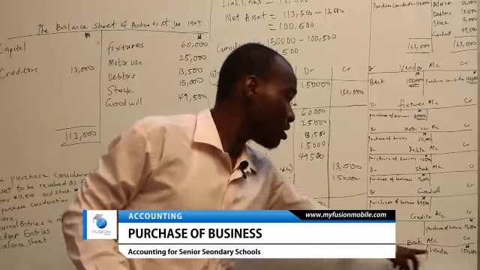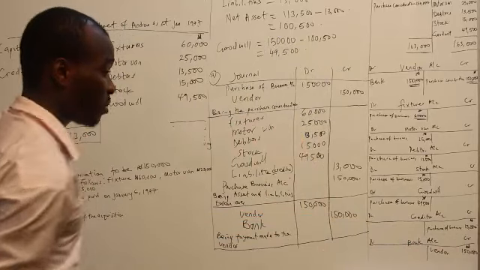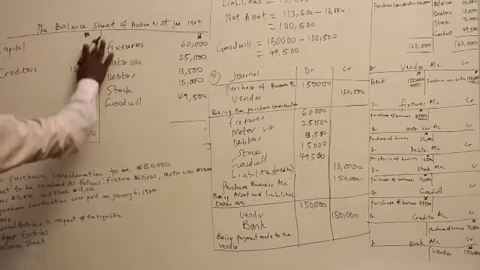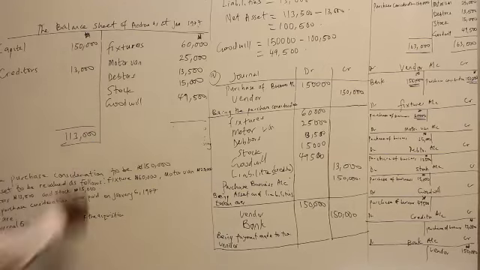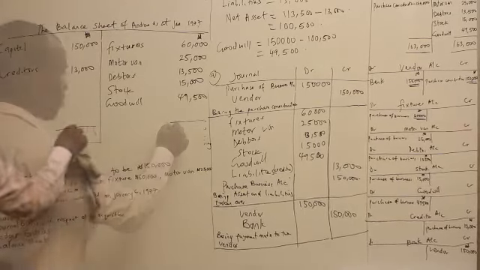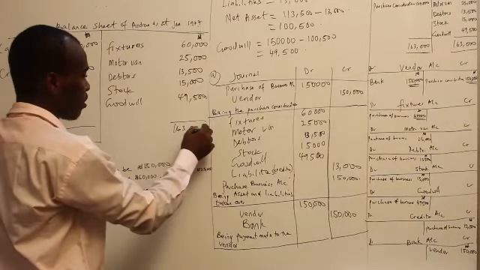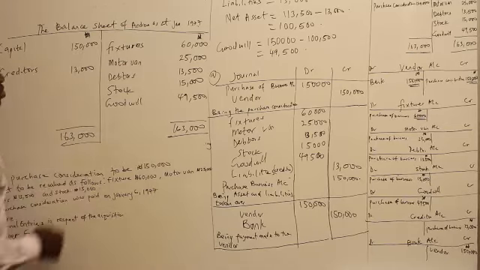Since it's having credit side, we can debit bank account, credit capital account, because that is the money you paid out, 150,000 naira. Then you can balance our accounts, and we have 163,000 naira on both sides. So that is the balance sheet.